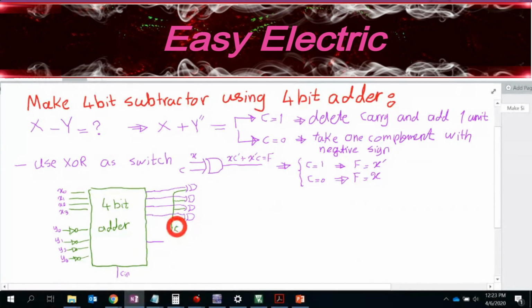Whenever the carry is 1, that means you add X with the first complement, then you check the carry 4. So this is case 1, C1. If this is the case, what should be the C, 0 or 1? That's the main question. 0 or 1?